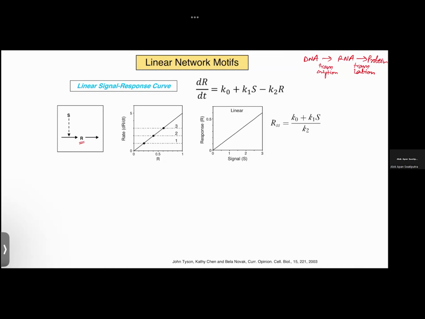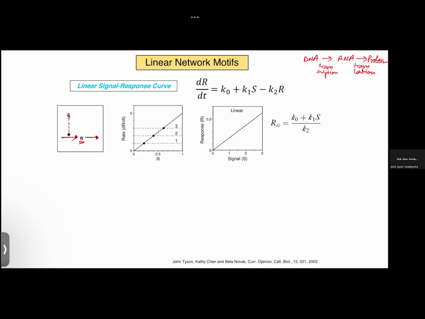Suppose you have a protein R, which is produced at a certain rate. Since it's a molecule, of course, it will have its own degradation. And suppose some signal S helps in the production of this.